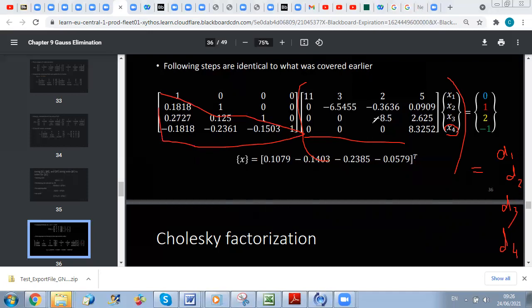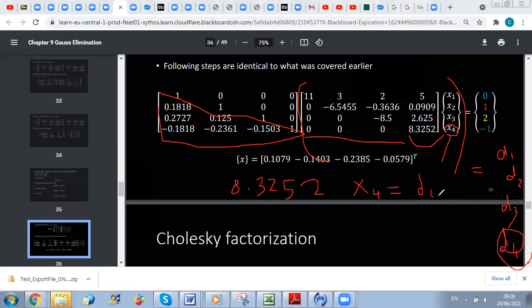So now you will do backward substitution. You will start by getting X4. So you write the first equation: 8.3252 times X4 equals to D4.